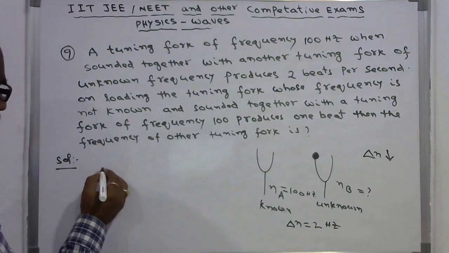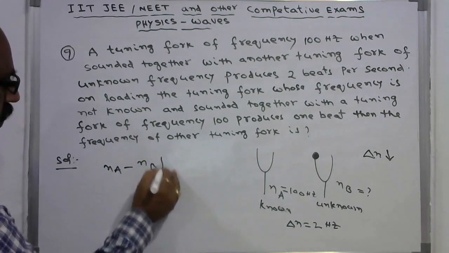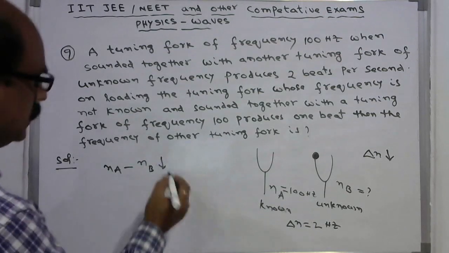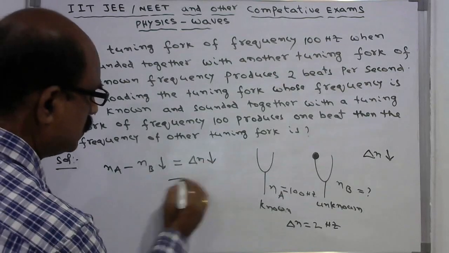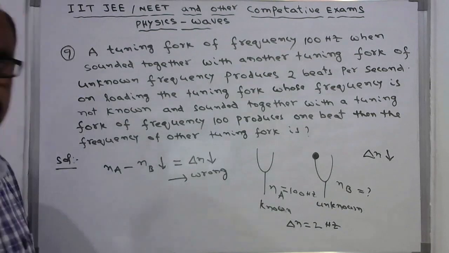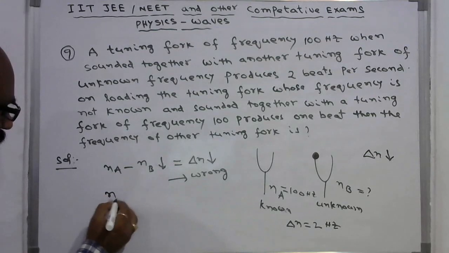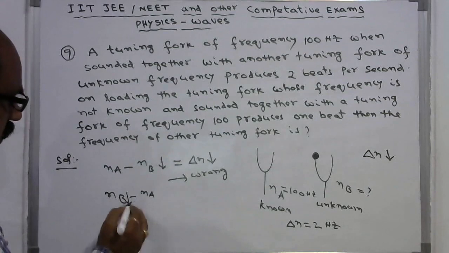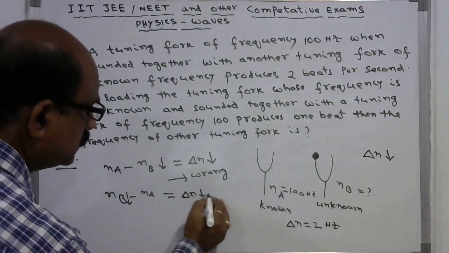So in this condition, N_A minus N_B decreased. When waxing, N_B will also decrease, is equal to delta N decreased. That is wrong, is not possible. And next, N_B minus N_A. Here N_B decreased, minus N_A is equal to delta N decreased, is correct.